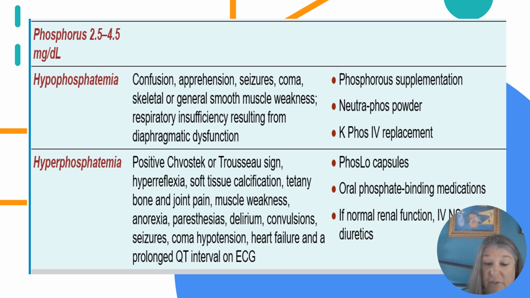So with hyperphosphatemia, you can see positive Chvostek's and Trousseau's, but know that that is related to the hypocalcemic state that the body is also in, all right? So definitely when you see positive Chvostek's and Trousseau's, think hypocalcemia, not hyperphosphatemia, because nobody's caring about phosphorus.